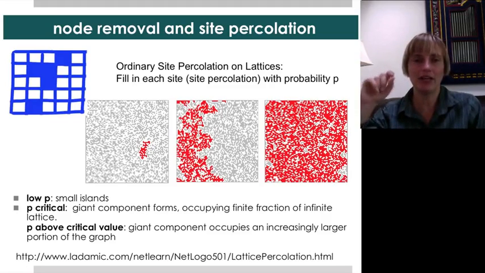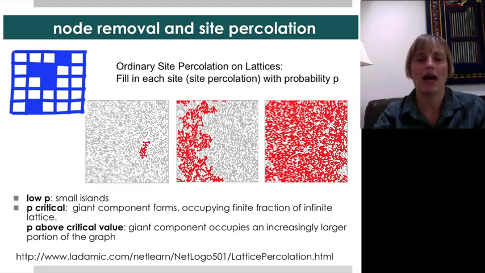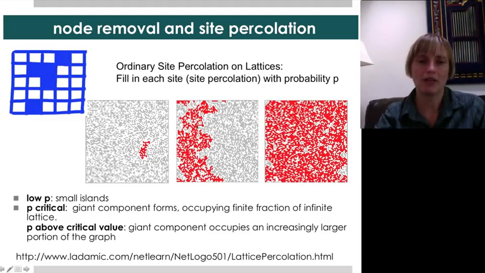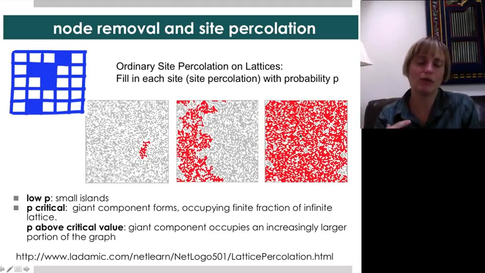That is, if there are enough gaps, enough unoccupied sites, and these are actually going to be our nodes, in the soil, and they merge together, water can actually seep through. And at some point we're going to get to this critical threshold, at which point the water can seep through, and after that, of course, more and more water can seep through, but basically at some proportion of nodes present, the network starts to percolate.